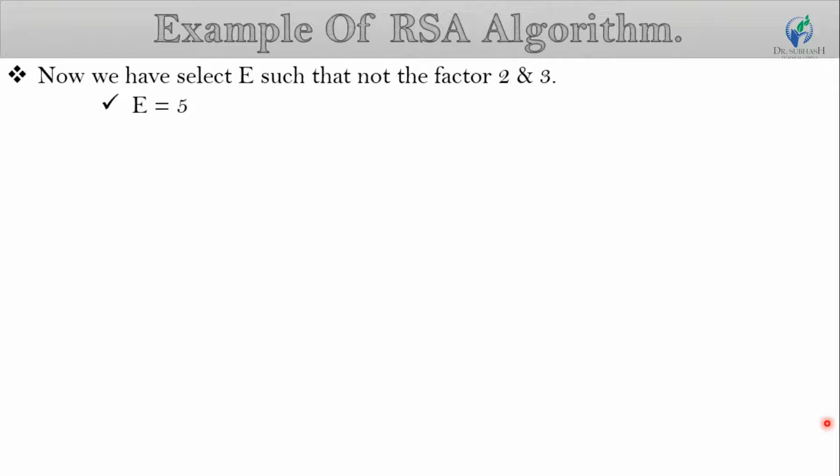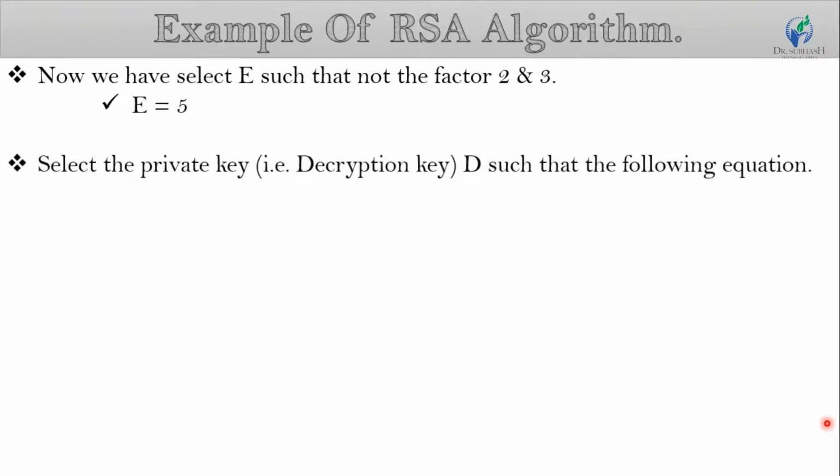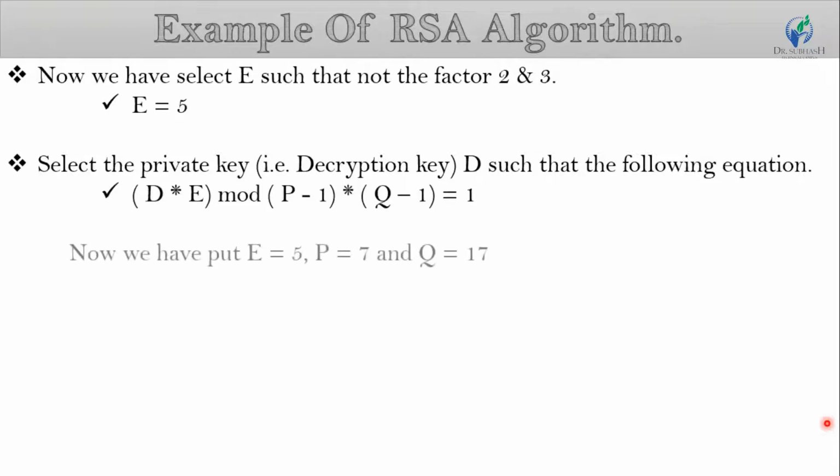So now in the next step, we select the private key, or we can say the decryption key D, with the help of the following equation. The equation is D multiplied by E mod P minus 1 multiplied by Q minus 1 is equal to 1. Now we put the value of E equal to 5, P equal to 7, and Q equal to 17 in this equation.